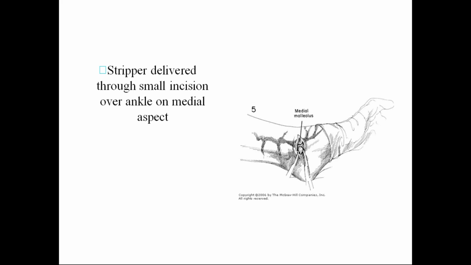Then we do multiple hook phlebectomies. These are small stab incisions; we separate the fascia, identify the great saphenous vein, and pick up the vein with a hook. Then we ligate both the distal and proximal ends of the vein and cut the vein. That is hook phlebectomy. Like that we completely remove the great saphenous vein.